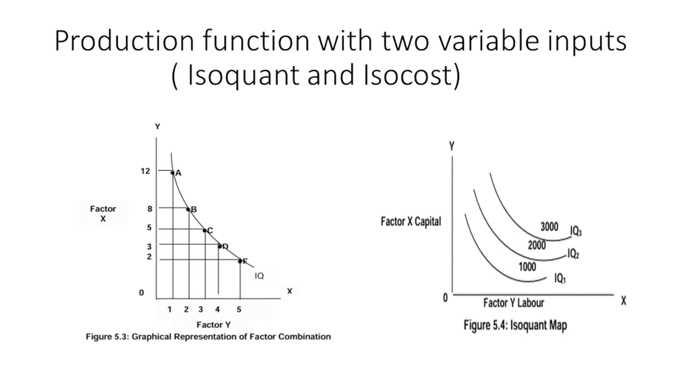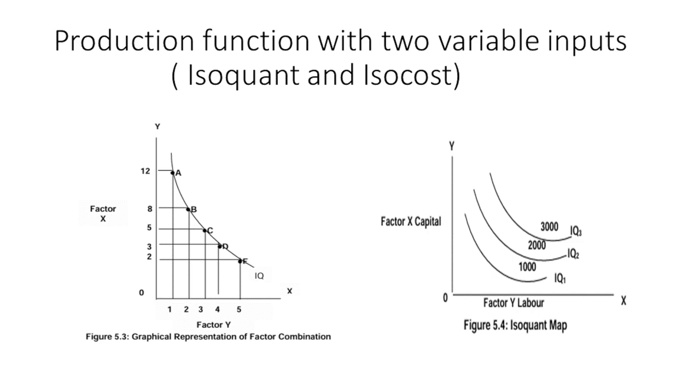The isoquant curve represents the different combinations of two factor inputs, which help in the production of a given level of output. Here in this diagram, we have taken factor input X and factor input Y. The factor input X is the machinery, and the factor input Y is the labor.